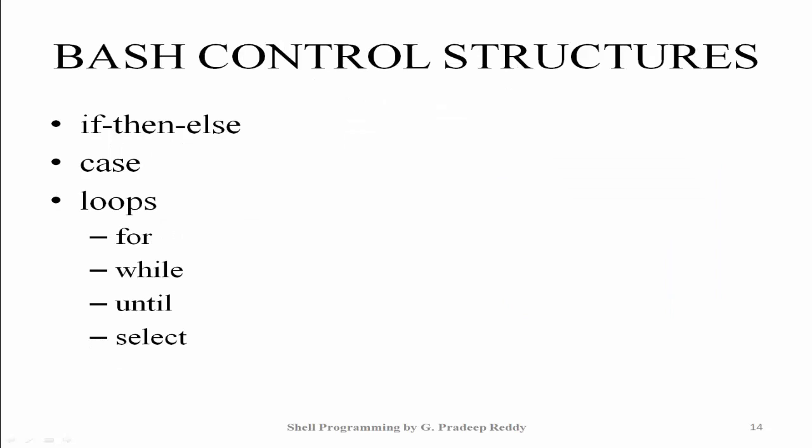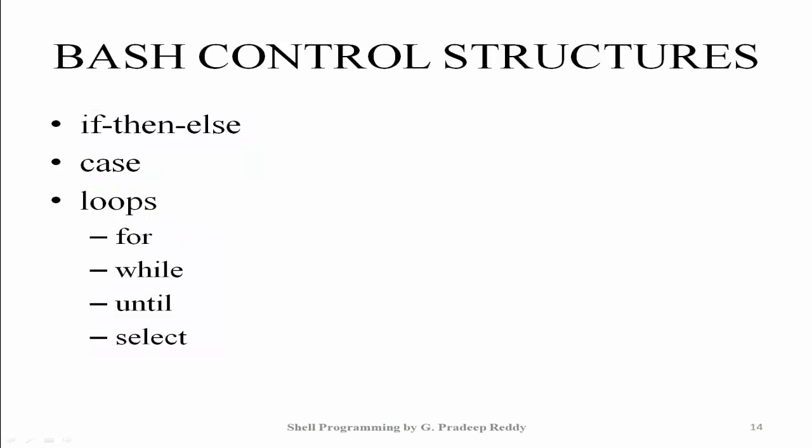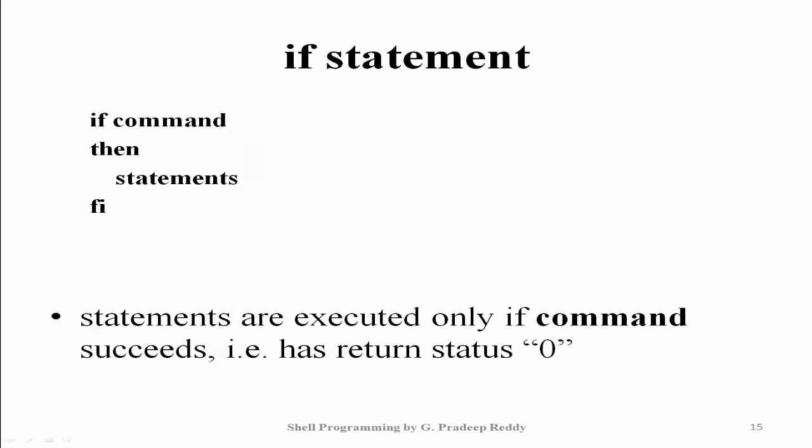Here we have bash control structures. We have if, then, else, and case, which is something like switch, and you use loops called for, while, until and select. The first statement is if.